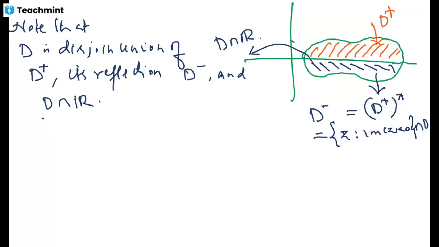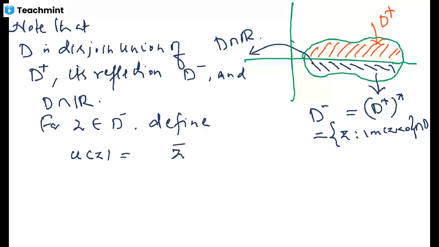So for z in this D minus part, let us define the extension of u of z to be as follows. Since z is now in the lower part, its conjugate will be in D plus.